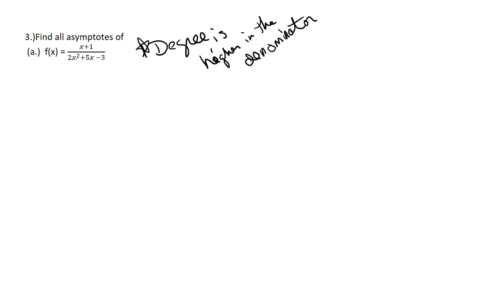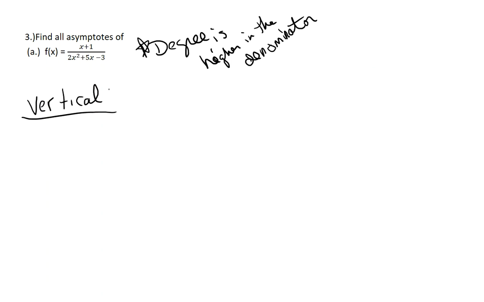You can see this has an exponent 2 in the denominator versus an exponent of 1. If that happens, that's telling you that there is going to be a vertical asymptote, or at least one.